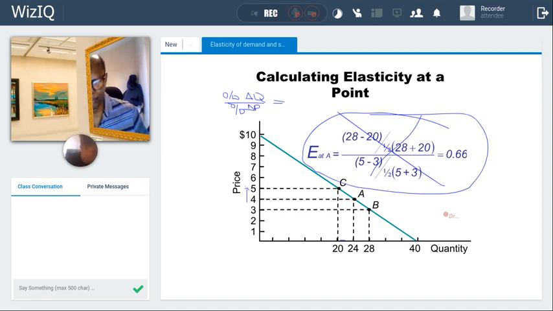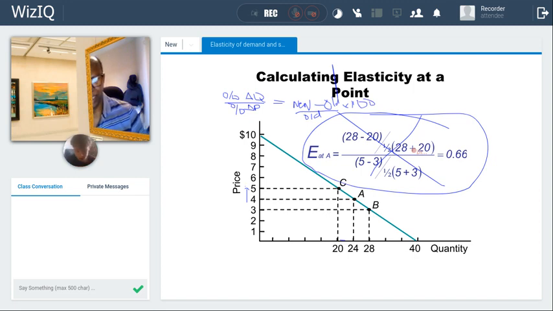The new is going to be 20 and the old is 24, so 20 minus 24 is minus 4 on the top, and then 24 on the bottom, then multiplied by 100.